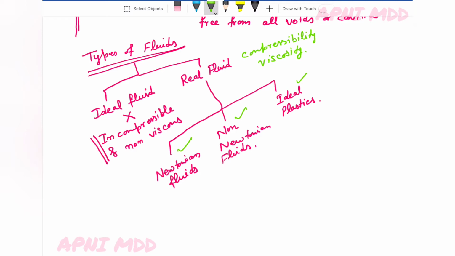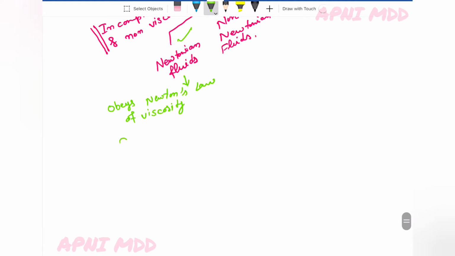Now the Newtonian fluid we call as the fluids which obey Newton's law of viscosity. Now this law is tau is equal to mu du by dy.